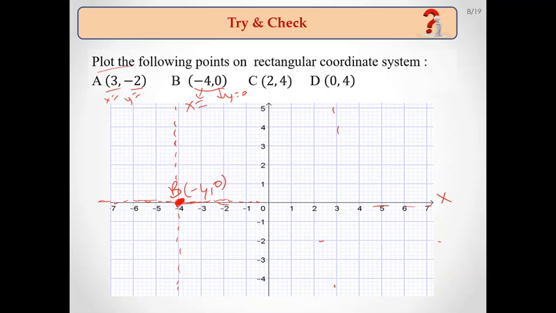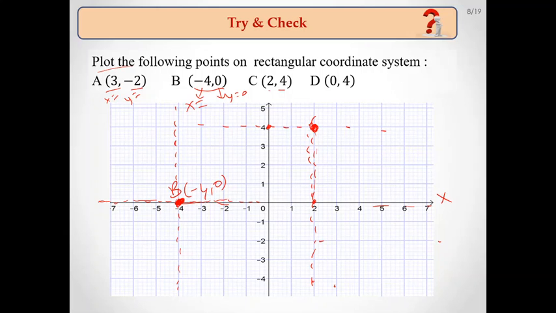Now, 2, 4. Take x equal to 2, it's here. So you take the vertical line. It's 4 on the y-axis. It's here. Take this one, and its intersection is here.